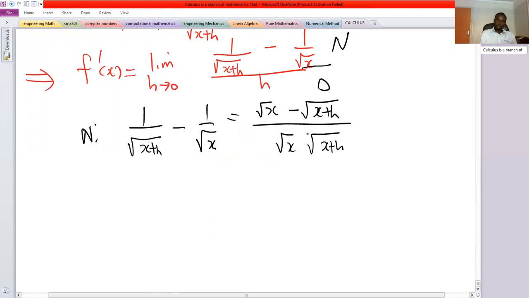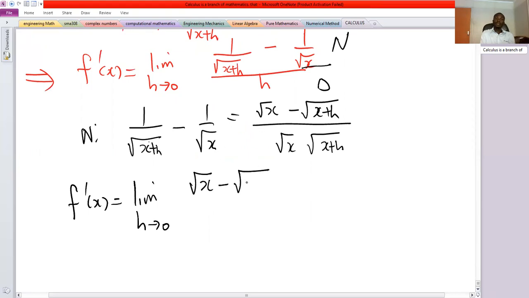So we have f prime of x equals the limit as h approaches 0 of root x minus root x plus h divided by root x and then root x plus h, dividing by h, and just write that h at this point here.